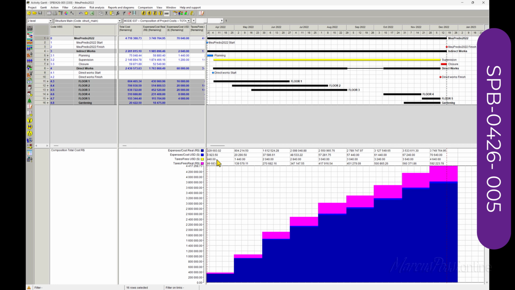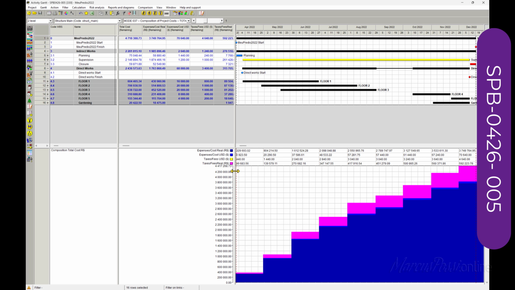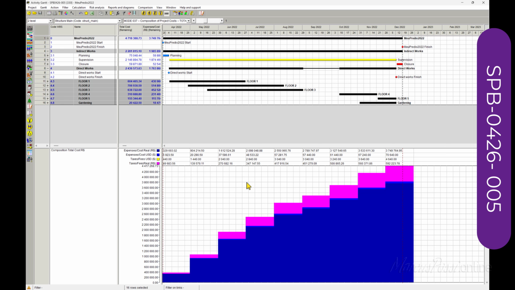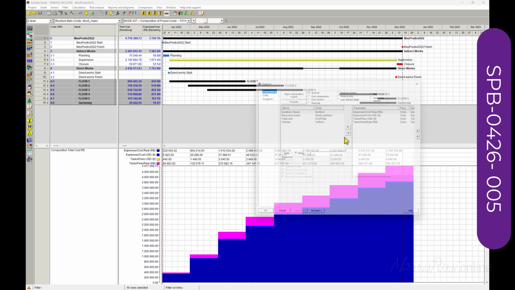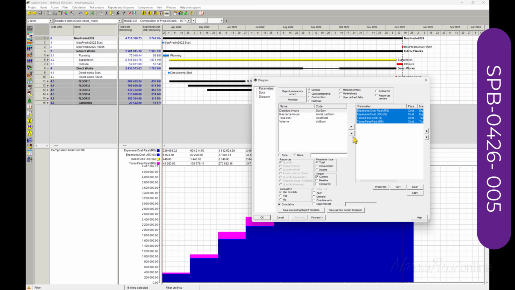The tax fees in dollars are too small. Remember, it's being shown here in dollars. Mixing dollars with reals is not a very good thing, so avoid showing them together.